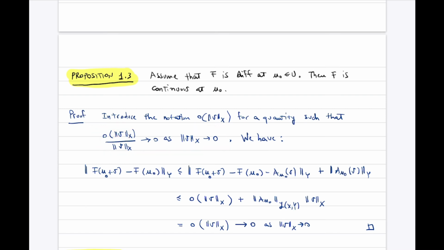Notice that norm of v is something real valued by definition of norm. So more in general, we will say that o of t to the power of n is something that goes to 0 when divided by t to the same power that appears inside here as t goes to 0. We will use this notation quite a bit in the following.